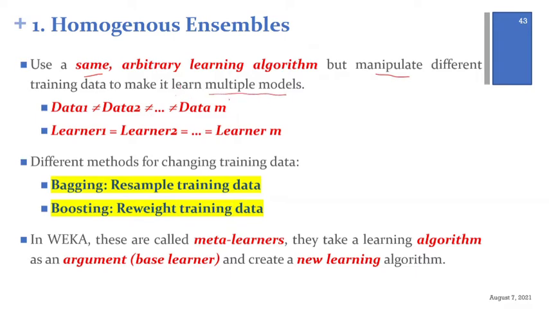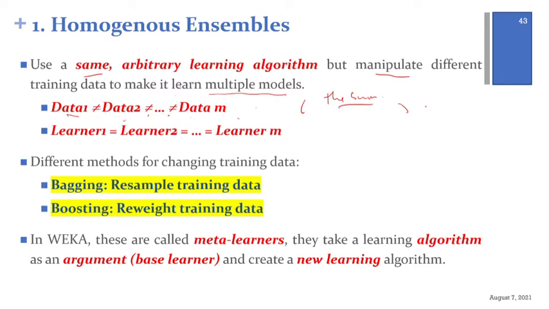That is why I put it this way: in a homogeneous ensemble, data 1 is not equal to data 2, data 2 is not equal to data 3, data 3 is not equal to data m. It could be the same data set; however, you do resampling. When you resample the data, the combination you are going to have is different, and when the data set is different after the resampling, it is considered a different set.